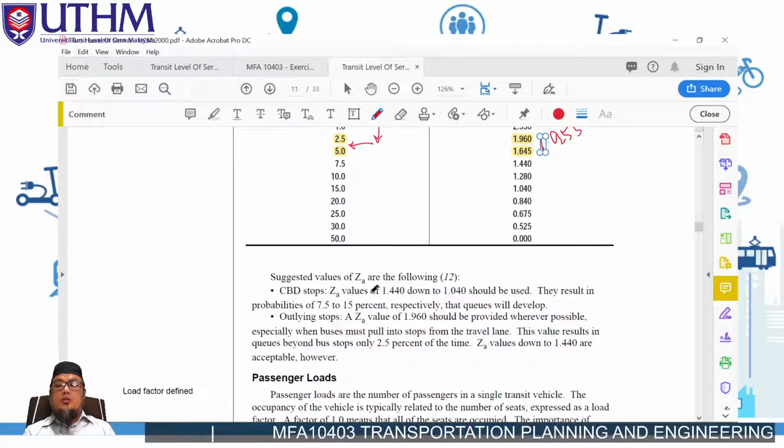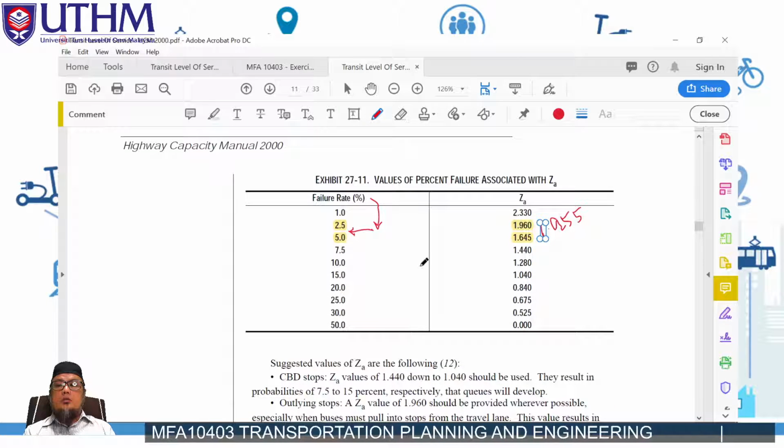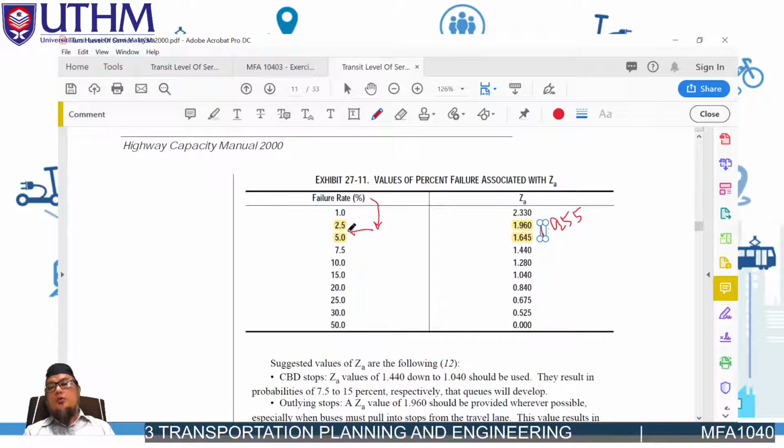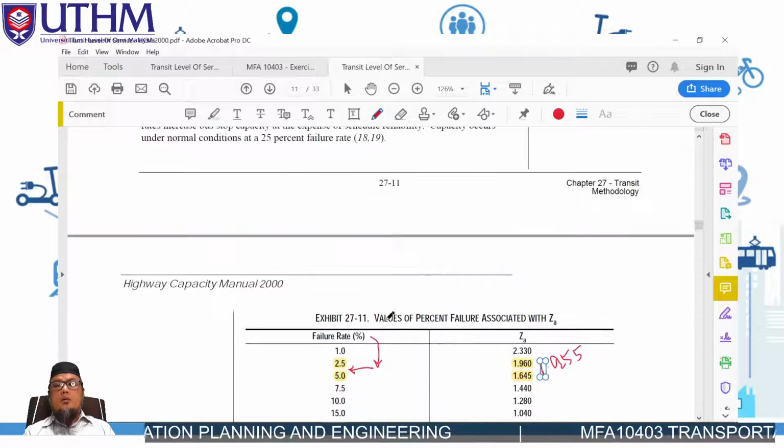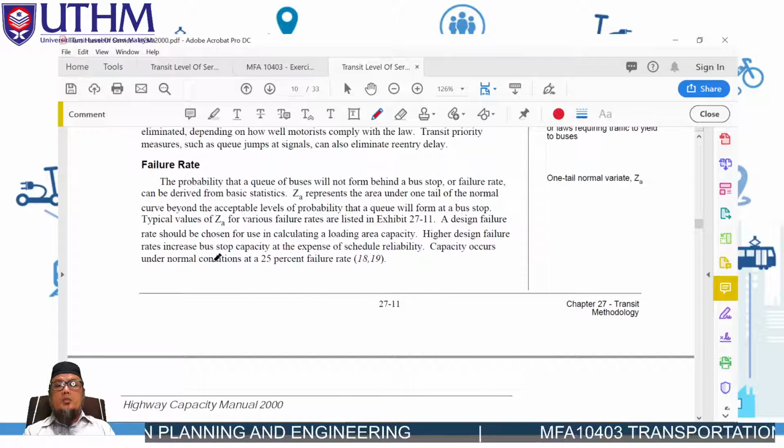This one is considered acceptable as well, but this one is much better. So in our case, the failure rate is considered very good. The acceptable value here can be considered 50%, but in terms of capacity under normal condition, 20% can still be acceptable.